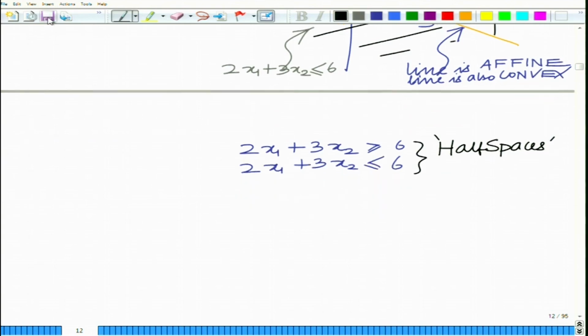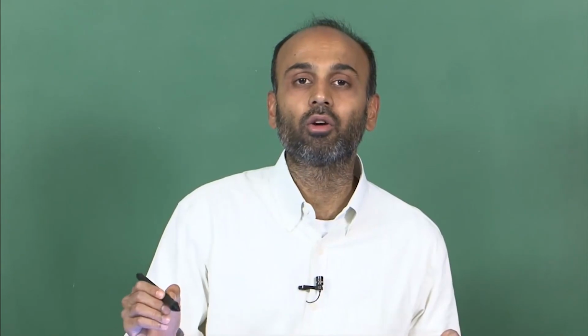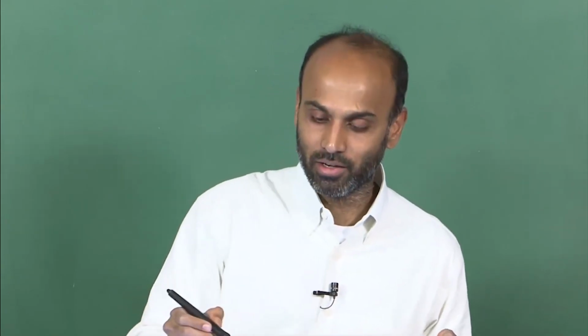So, you have a line and the line divides the plane into two regions. The line is convex and also affine in fact, and it divides the plane into two regions. These are half spaces, and note that half spaces are only convex, they are not affine, okay.